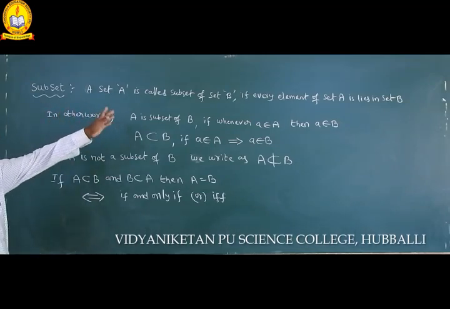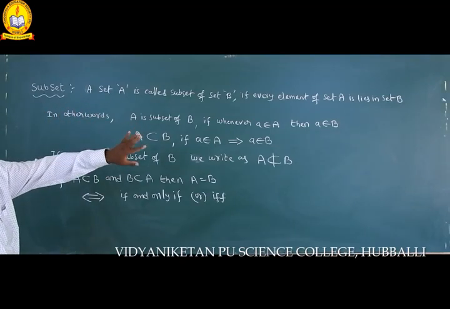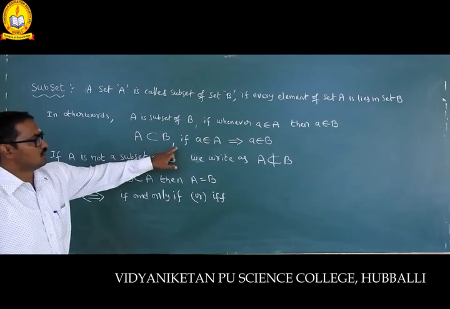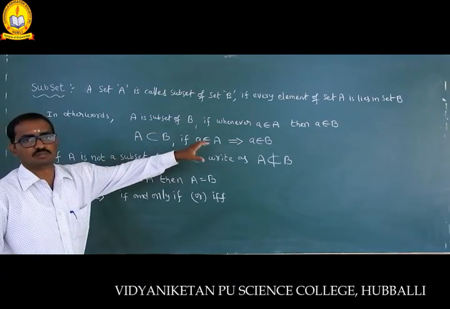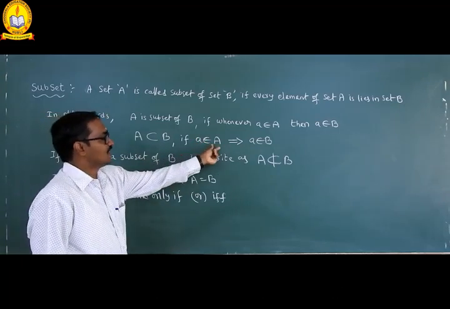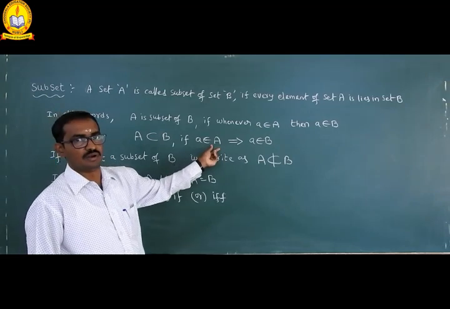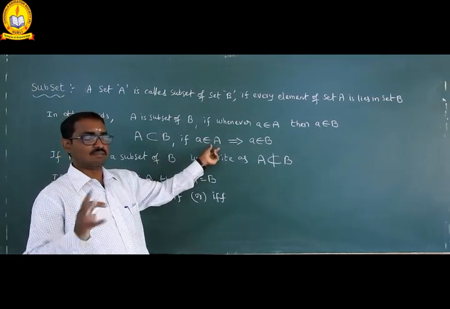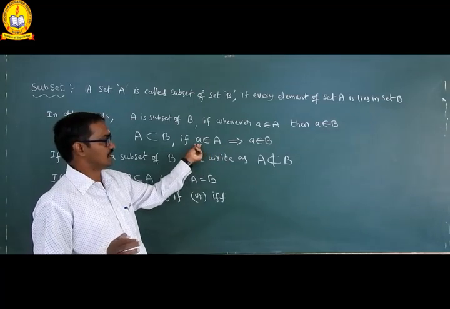A set A is called a subset of B if every element of set A lies in set B. In other words, A is a subset of B if a belongs to A implies a belongs to B. Small a is an element of set A. Remember, we use this symbol between a set and an element. This is the set and this is an element.